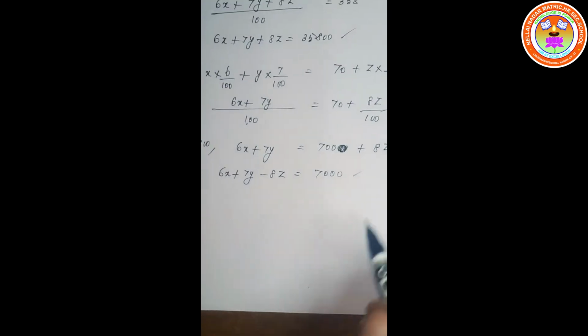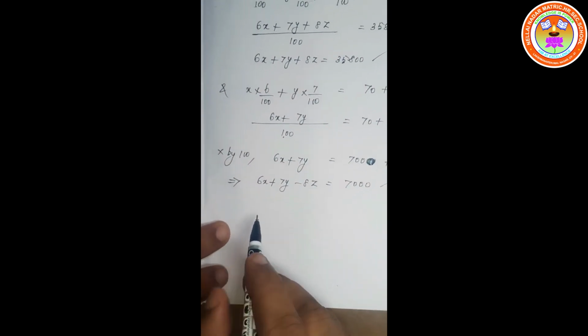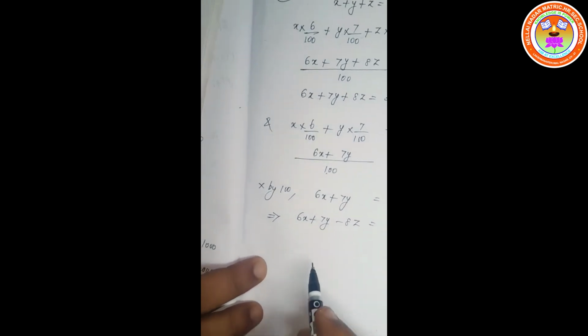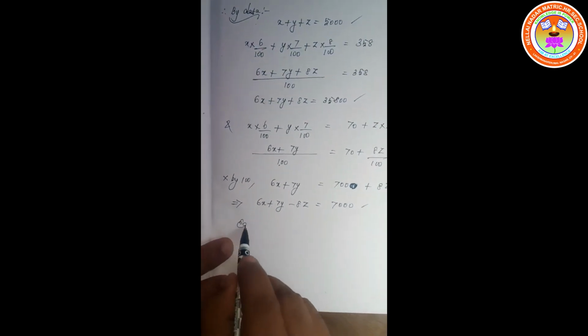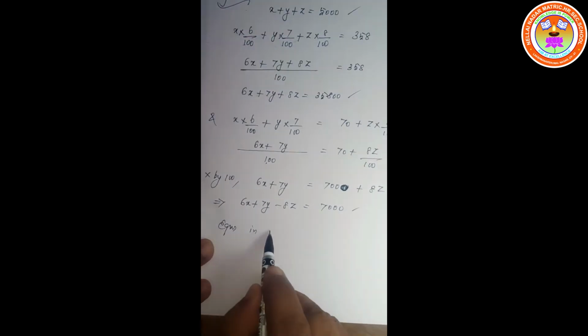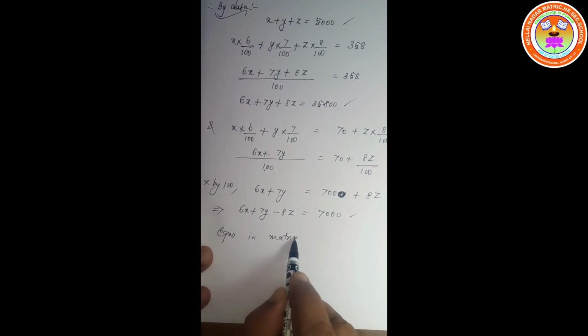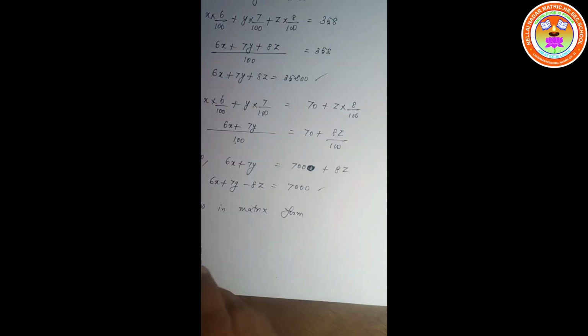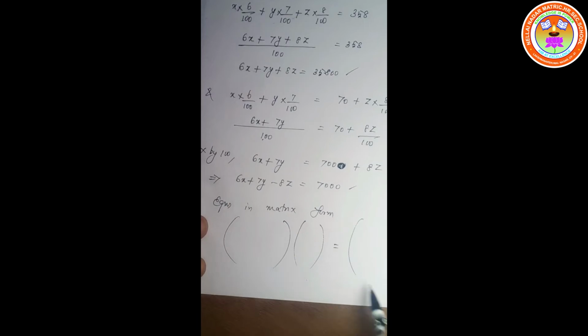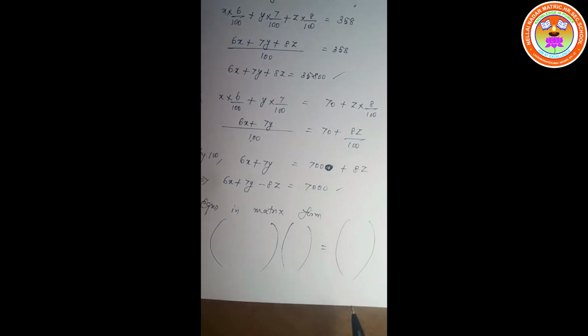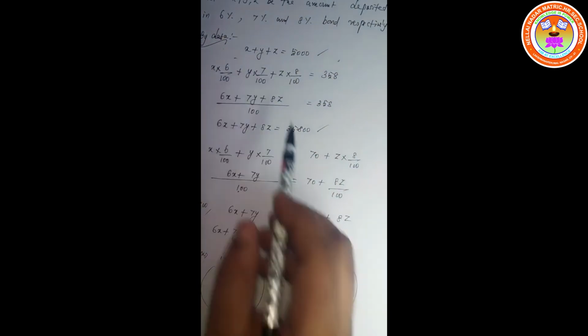First one, second and third. Now you are asked to find the values of x, y, z by rank method. So I am going to write the given equations in matrix form. X, y, z coefficients in first equation 1, 1, 1.